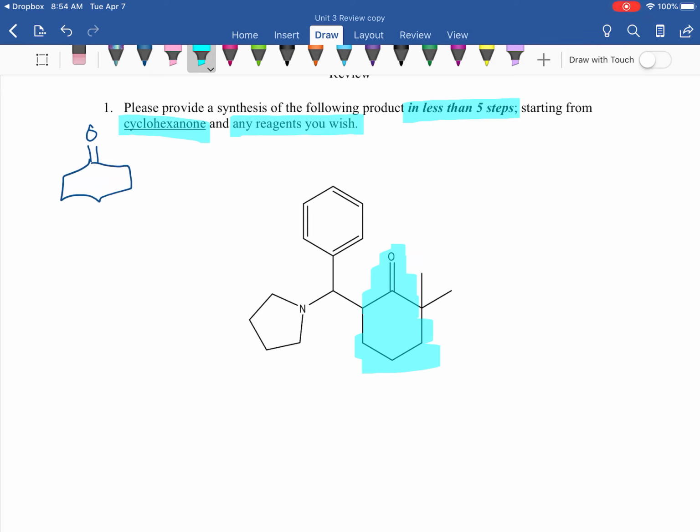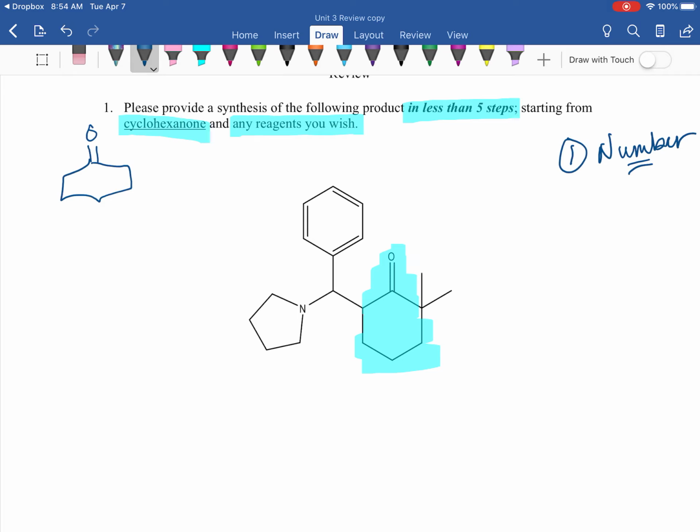Okay, so synthesis is all about strategy. What I like to do for synthesis before I do anything is really 2 things. I like to set myself up for success. I am going to literally number like crazy. And what I'm looking for in the numbering, I don't care about naming. That's not what this is about.